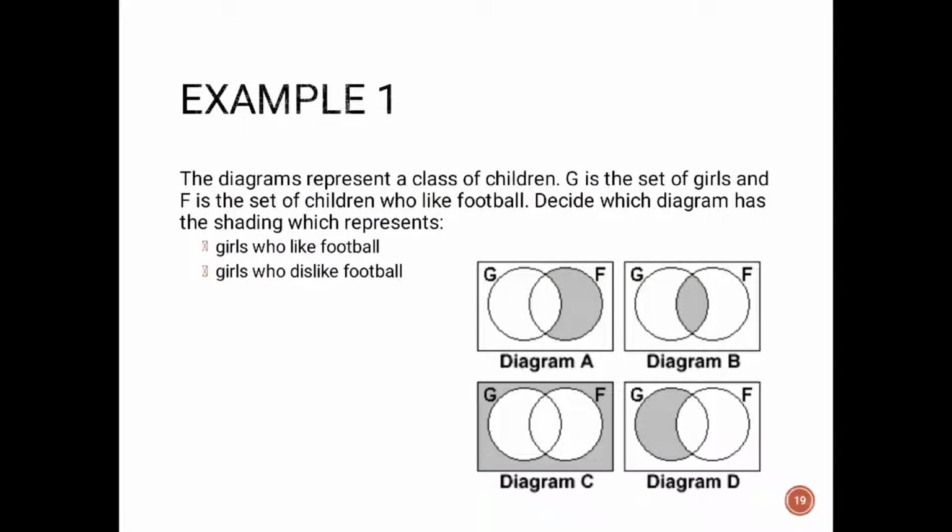Example 1. The diagrams represent a class of children. G is the set of girls and F is the set of children who like football. Decide which diagram has the shading which represents girls who like football.